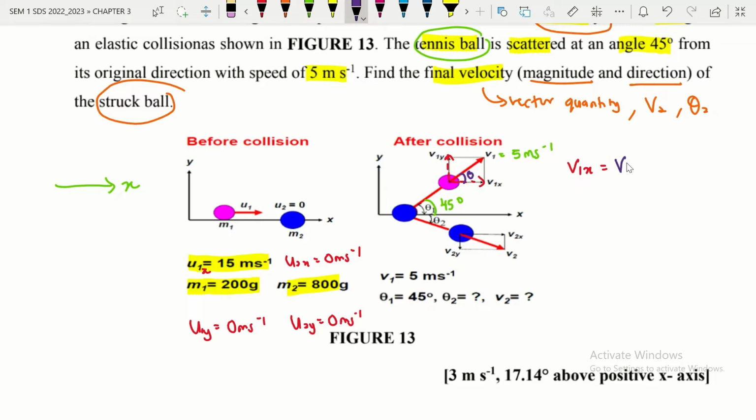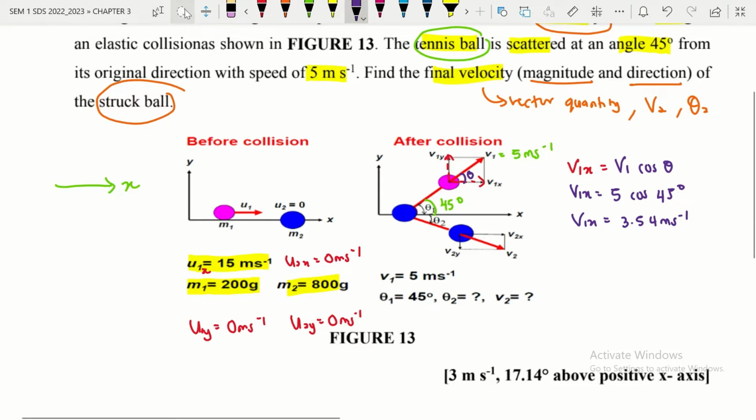So dia akan jadi V1 cos theta. So dia akan jadi V1X, V1 kita 5 cos 45 degree. So therefore kita akan dapat V1X kita 3.54 meter per second. Okay, so far so good everyone.